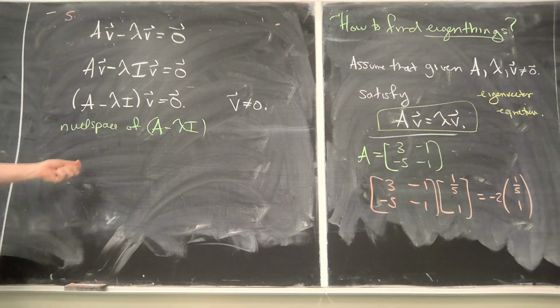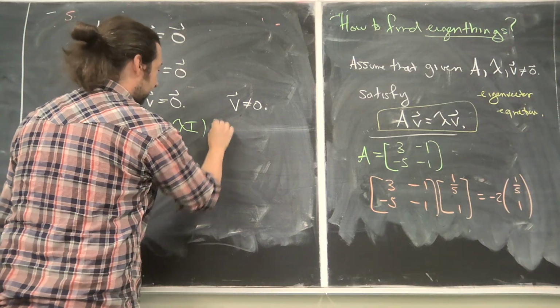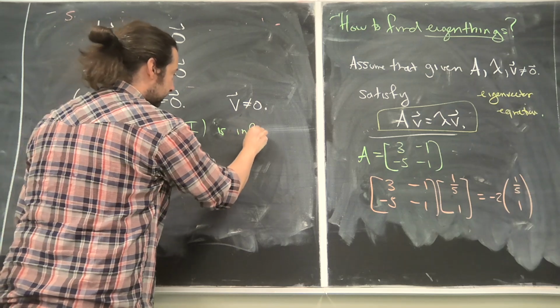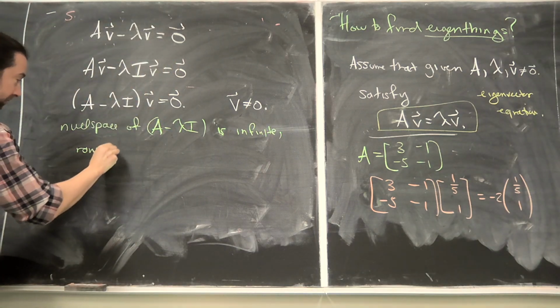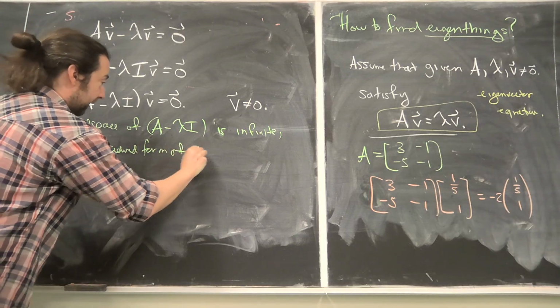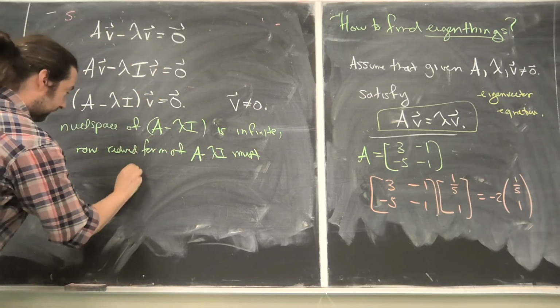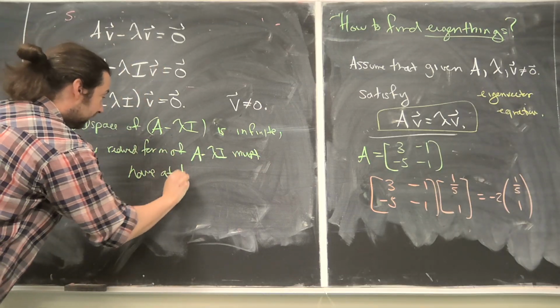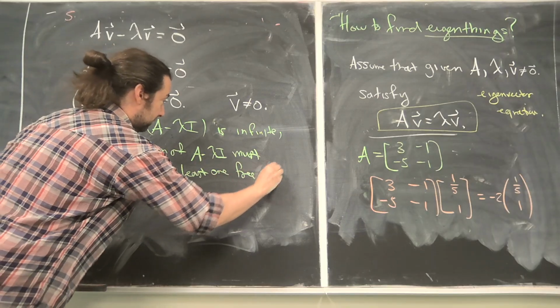Oh, well, if the null space of this is infinite and not just a single vector, then the row reduced form of A minus lambda I must have a free variable. At least one free variable.